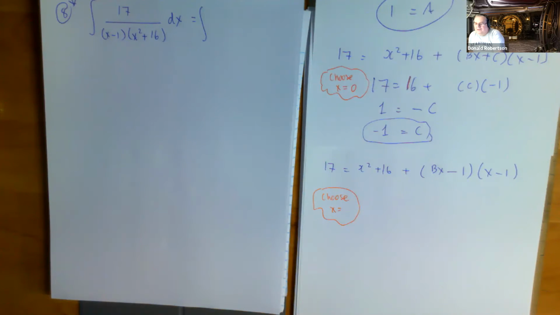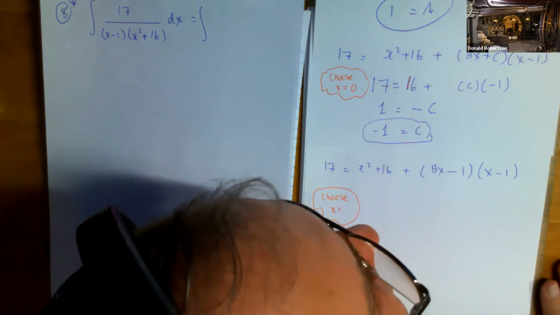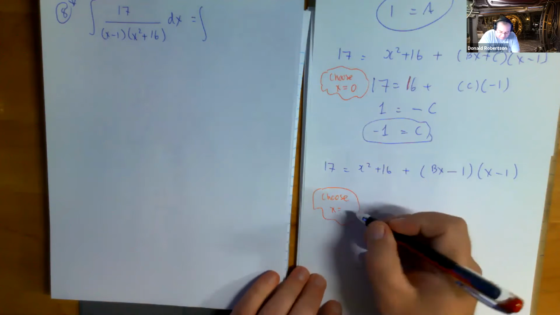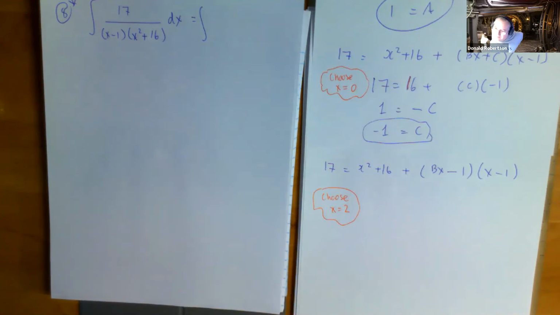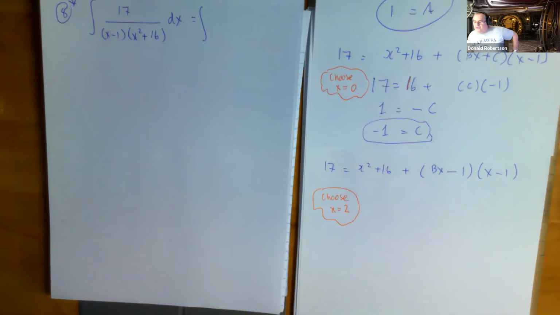Agreed? So if all of them work, just pick whatever one you feel like. I like 2. It's as good a number as any. I don't like 0. That wouldn't help. Could probably have actually chosen 1 if I think about it. So any number, as long as it's not one you've used, would be a safe bet.